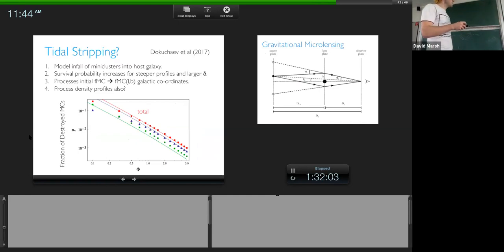And significantly for the constraint I'll show in the last slide, for the very densest objects with the largest values of this overdensity parameter phi, only a very small fraction of those mini clusters will be destroyed. So the dense objects, the ones that are going to be important for lensing, should actually survive all tidal processes. So the ones you don't care about get stripped away, but the ones that you care about survive. So that's important.